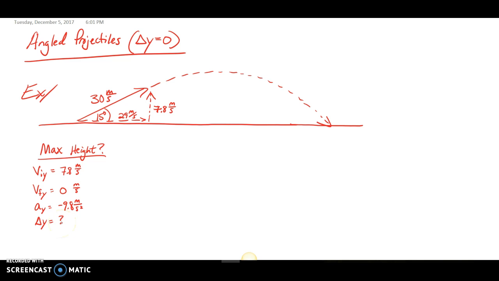I know this is in the section for delta y equals 0, but overall this projectile is going to land back where it started. I know halfway through it's not going to be where it started, but just bear with me for this first problem.